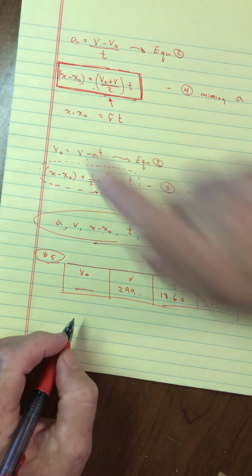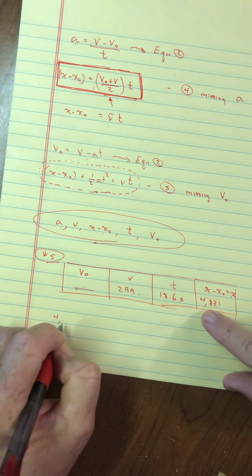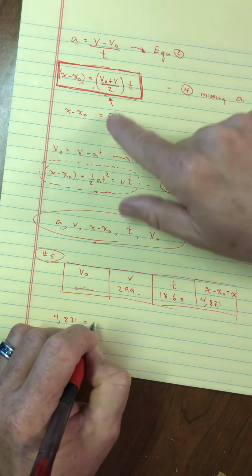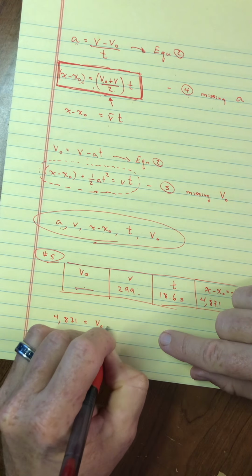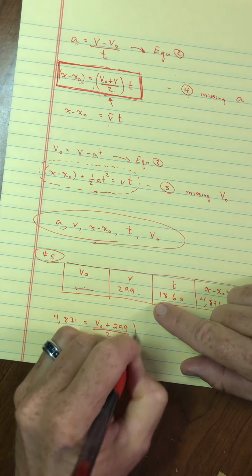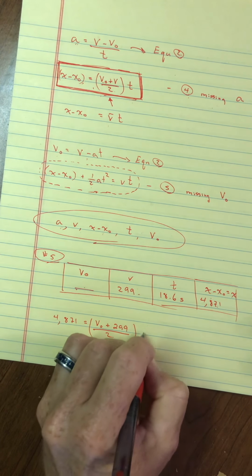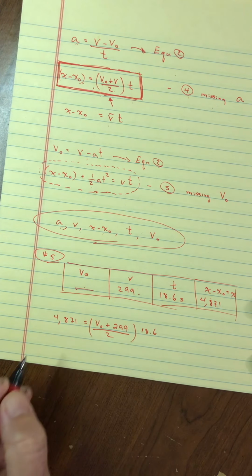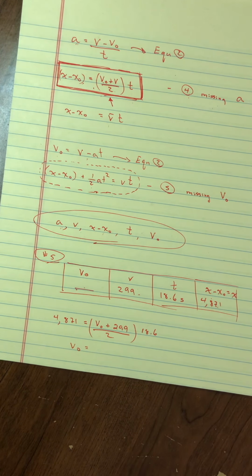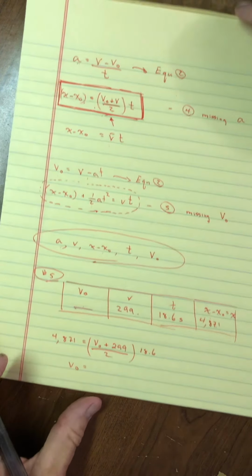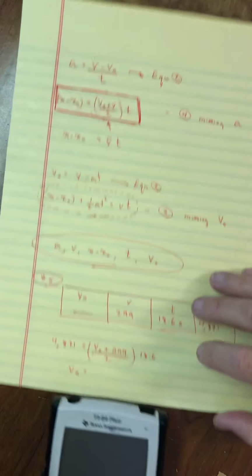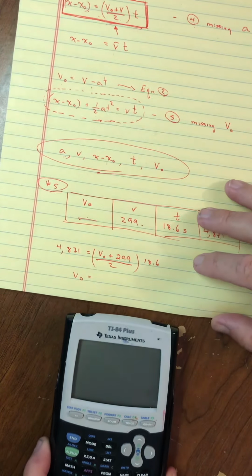So I would put distance traveled, so that is 4,871 meters. I would then say that is the initial velocity plus final velocity, divided by 2, and then multiplied by the time of 18.6. Now I can get out my calculator and figure out what I get for an answer.